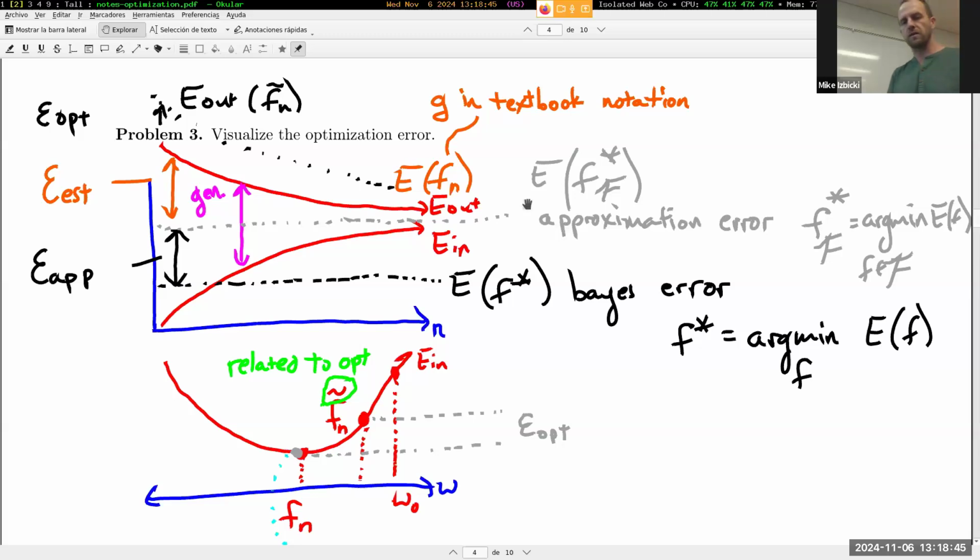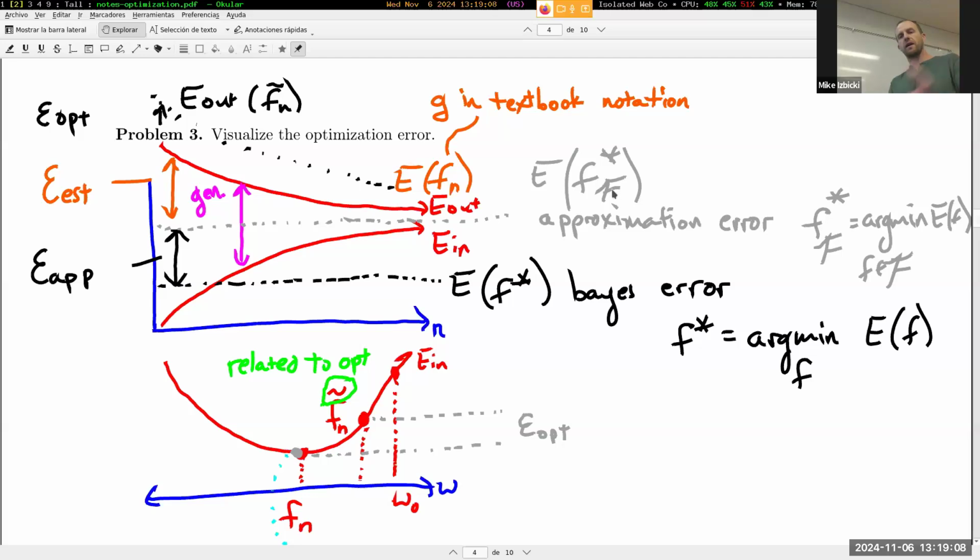One of the homeworks, the previous one or maybe the one due this past weekend, defined the approximation error one way. That approximation error was this gray dashed line right here, which captures the intuition that it is the error that only depends on the hypothesis class that you select.